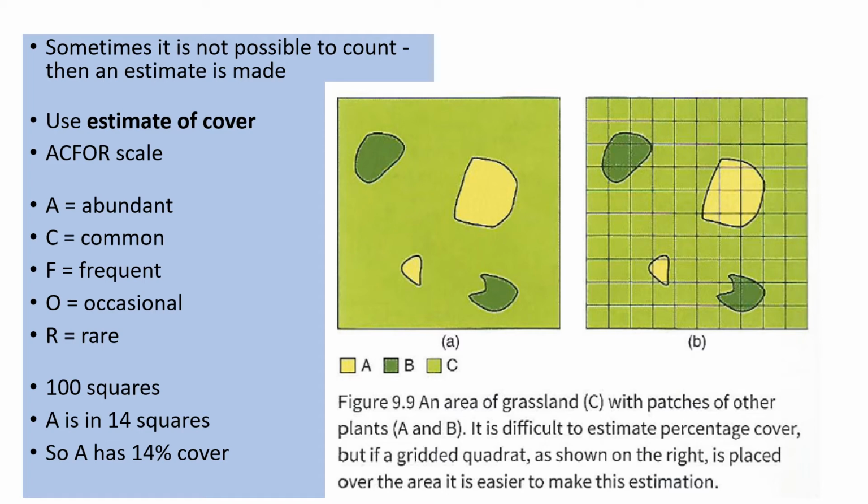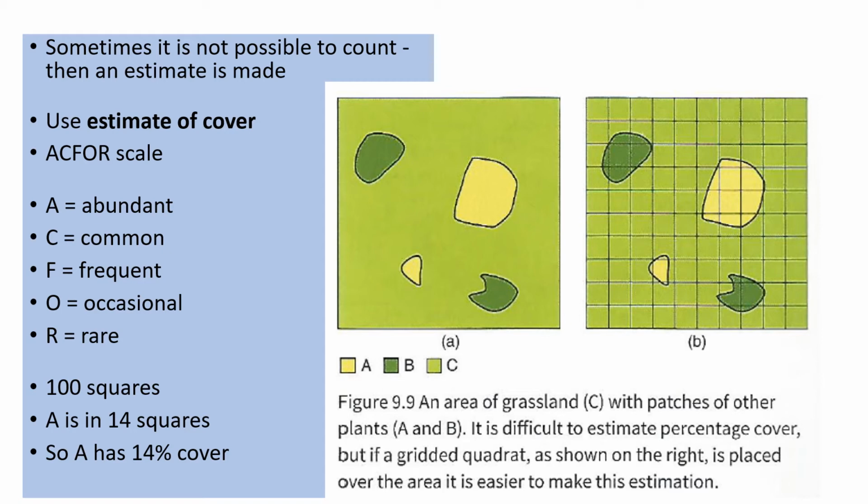So you'd count all the squares with yellow in them, 2, 3, 4, 5, 6, 7, 8, 9, 10, 11, 12, 13, 14, say 14 squares have yellow in them. And this is a 10 by 10 quadrat, and so 14 out of 100 squares have yellow in them, so you would say A has 14% cover.